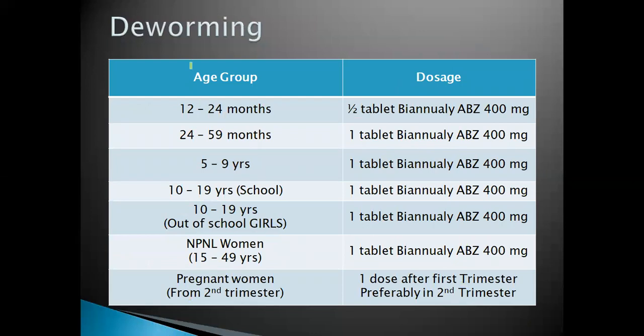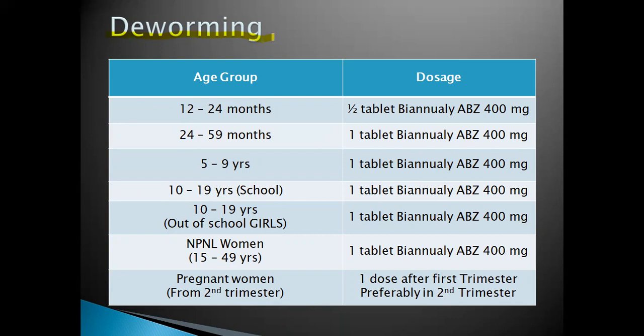Moving ahead, and this is the last slide of part 1 of this video. So we are talking about deworming. Now, there are various kinds of worms that may cause infestations within a human's gut. And these worms are known to compete for all kinds of nutrients, macro as well as micro.